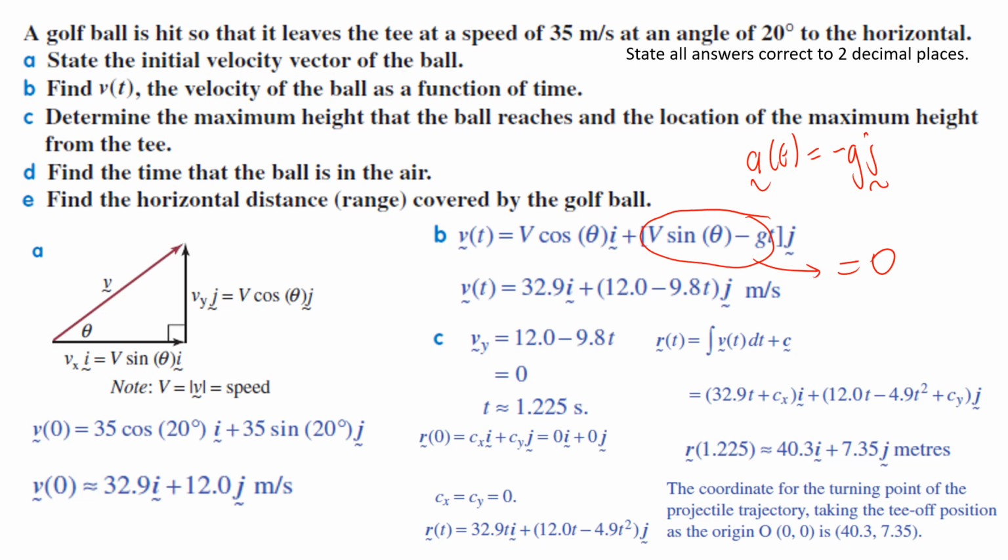So hopefully you're across all of that. Okay, so that's part C. We've anti-derived our velocity vector function and then plugged the time it takes to reach maximum height into both components to work out its position when it hits that maximum height.